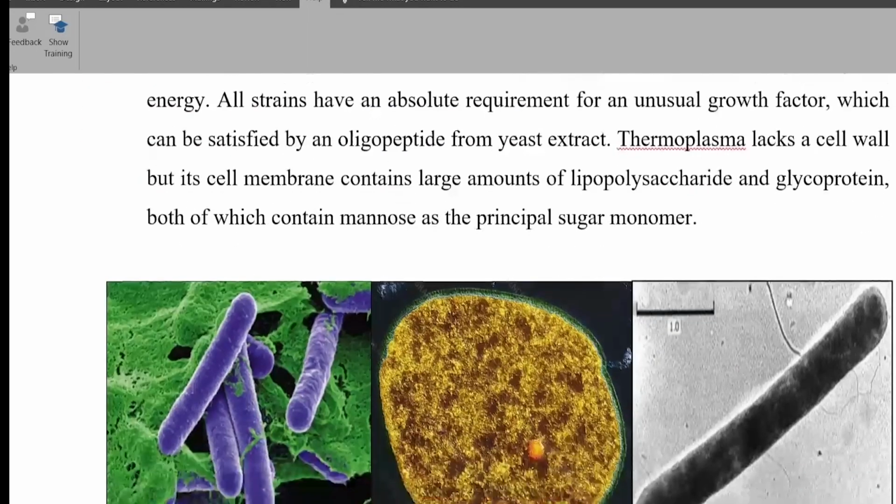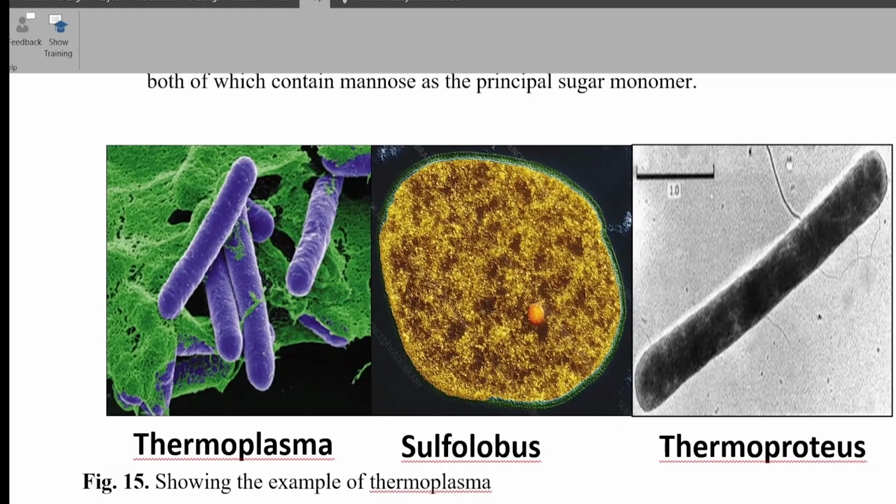If you look at the structure of Thermoplasma, you can see it is a very unique blue-colored structure, a rod or bacillus, and this is Thermoplasma. And second, this shows crystal-like golden color.